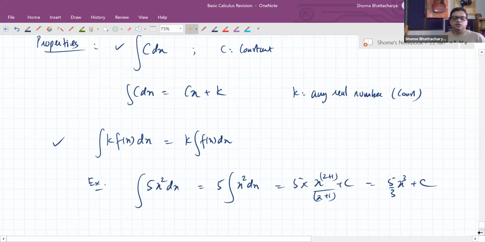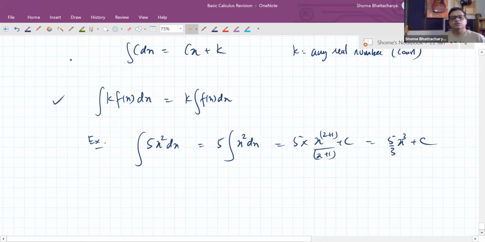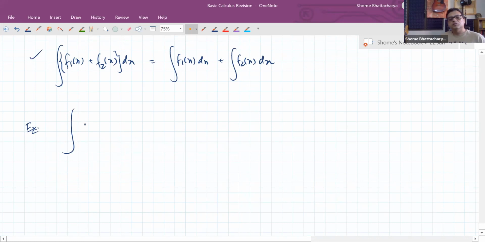Then similarly, another important property is that the integral of the sum of two functions can be expressed as the sum of their integrations. So for example, we are integrating, let's say, something like this.